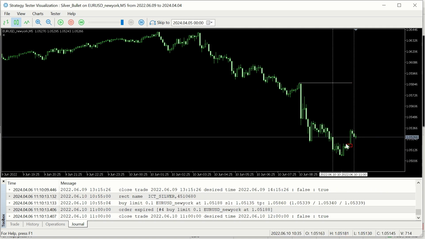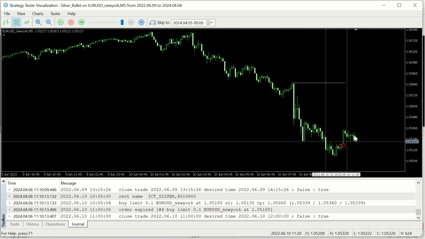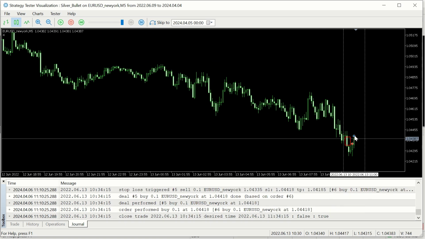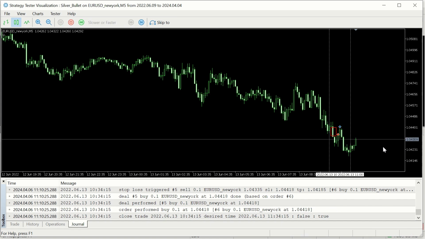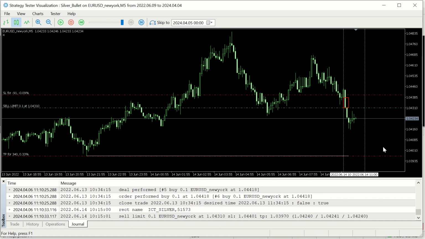We have another trade here, but it expired after the 11 a.m. time, so it wasn't taken. We have another trade here, which was a loss. Same thing, fair value gap between 10 and 11 a.m., stop loss 2 pips above, entry at the base of the fair value gap, and the target is determined by the sell side liquidity at this point here.